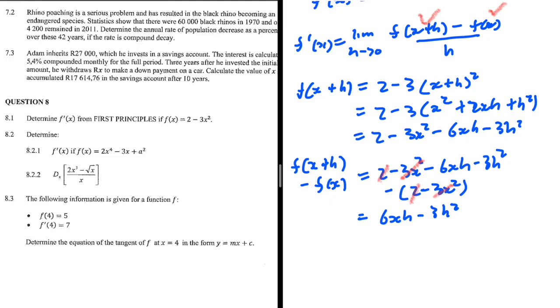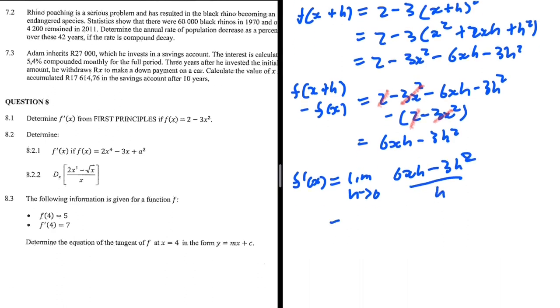Let's substitute back into our equation. f prime of x, as h tends to 0, is minus 6xh minus 3h squared, everything divided by h. Let's take h as a common factor in the numerator. This is minus, because take a look at this, minus 6xh.